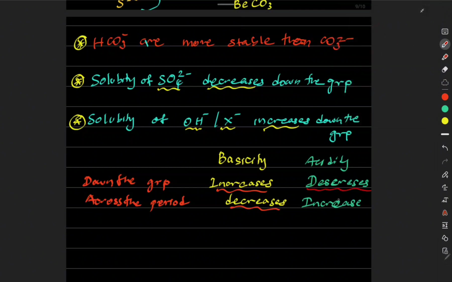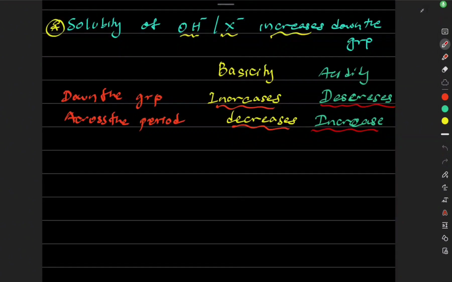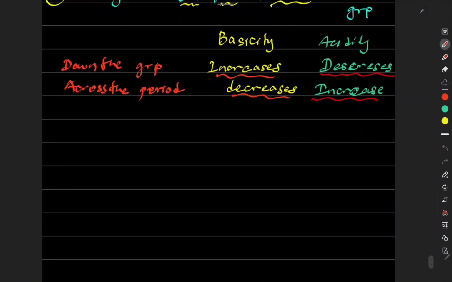Okay, now these are the basicity variations.